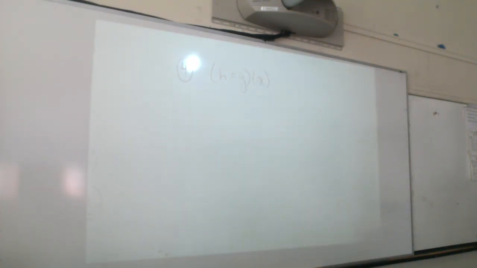So here's what I'm going to do. This is not a multiplication dot. This means h of g of x. So I'm going to replace, remember you work from the inside out, so this g of x, I'm going to take this negative 7x plus 1 and just replace it.